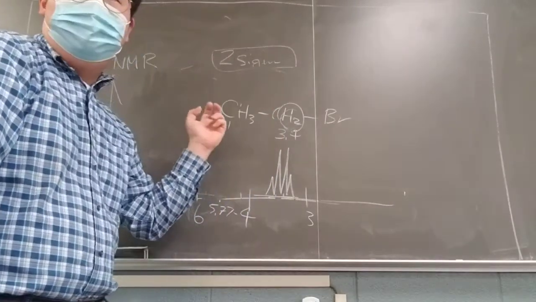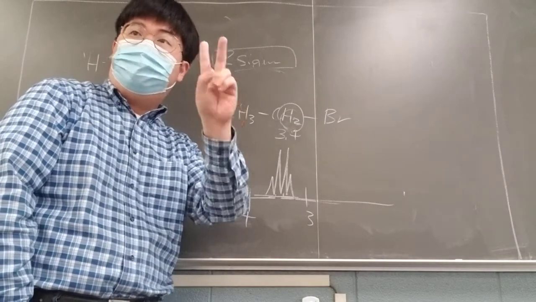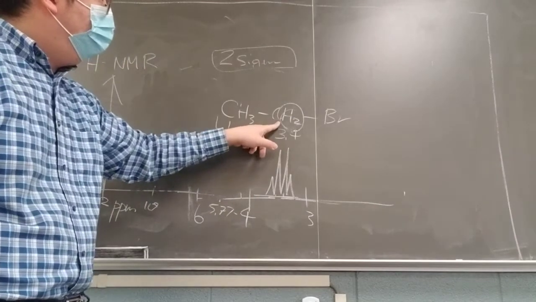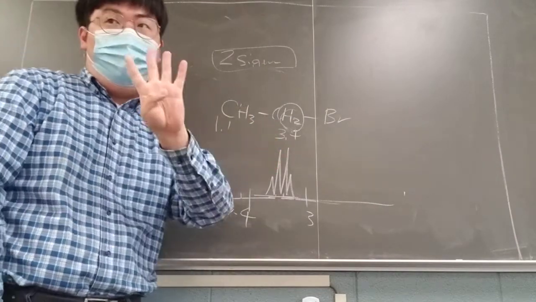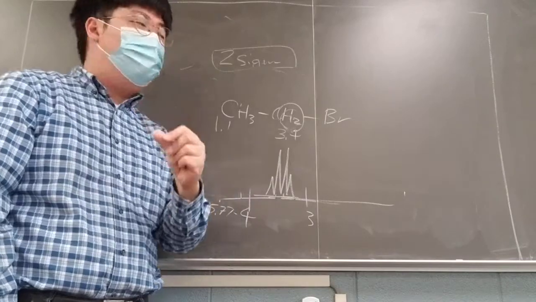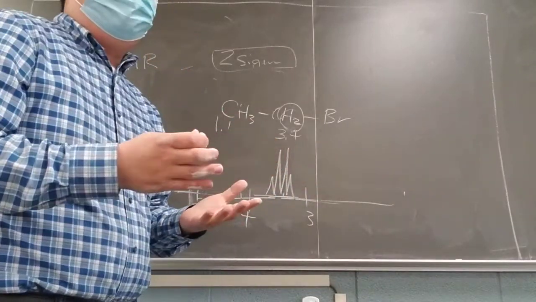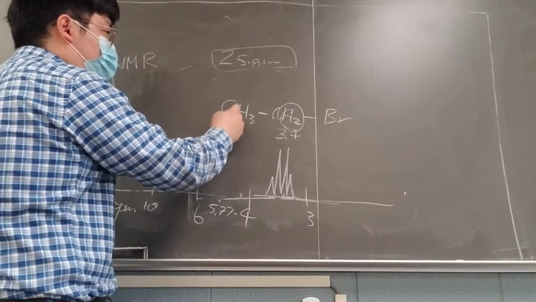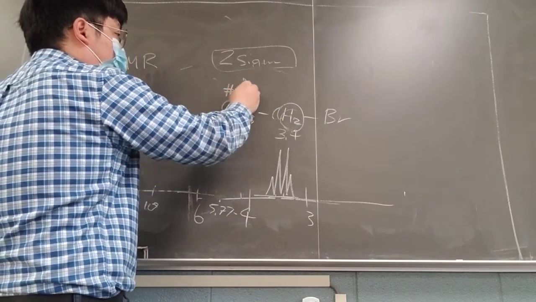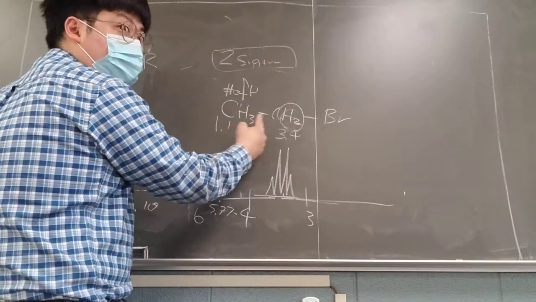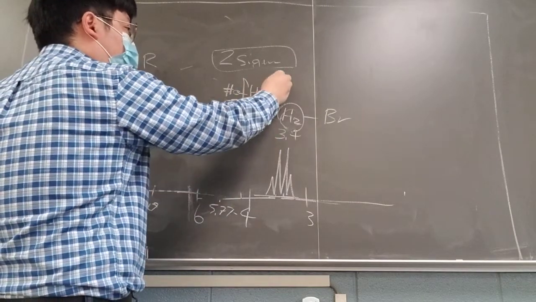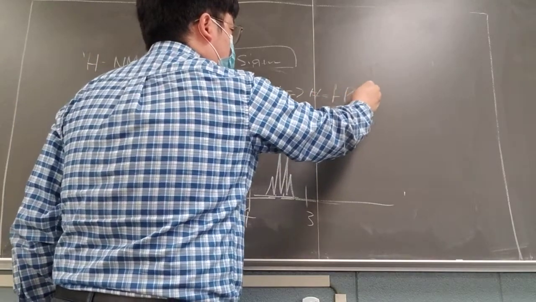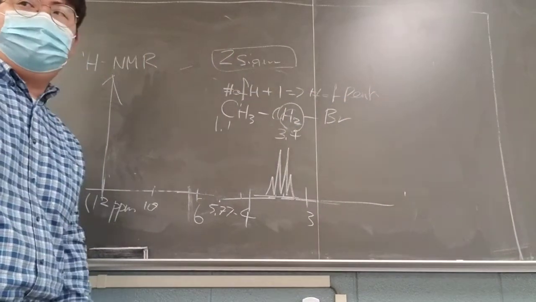And the second one we did was a signal affected by 2 protons made of 3 peaks. And this is a signal affected by 3 that makes 4 peaks. So the easy way out is this: whenever you have a signal affected by a number of protons, non-equivalent to each other, plus 1 is the number of peaks that you're going to see. So we call this the n+1 rule.